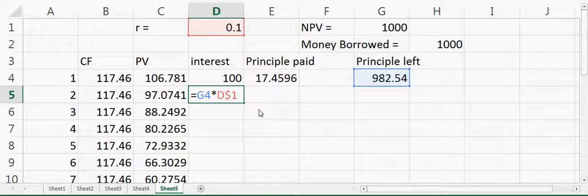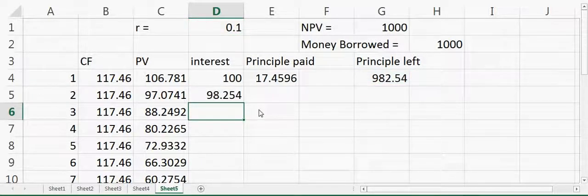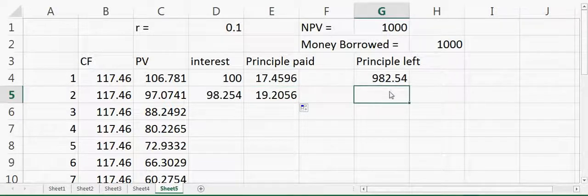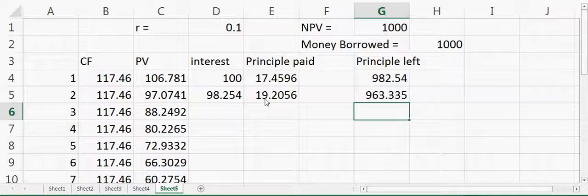You can see that this time the interest will be lower because the principal is lower, and the principal paid will be higher because the interest being paid is lower. Now the principal left will be equal to the principal left last time minus the principal which was paid. That will be equal to 963 now.